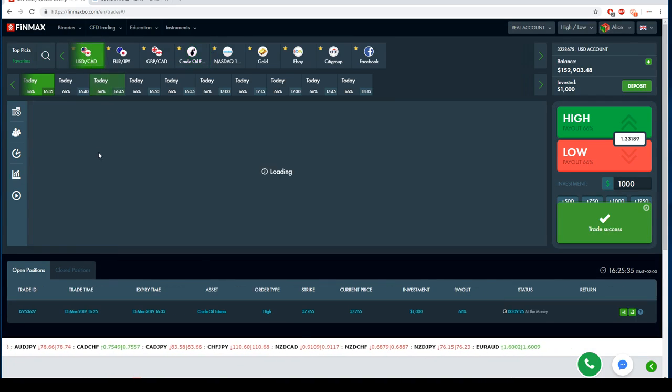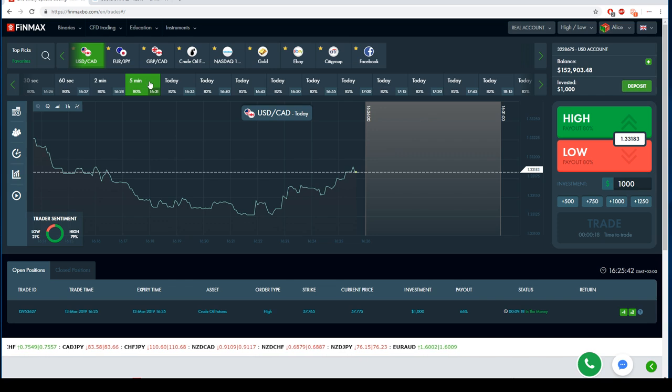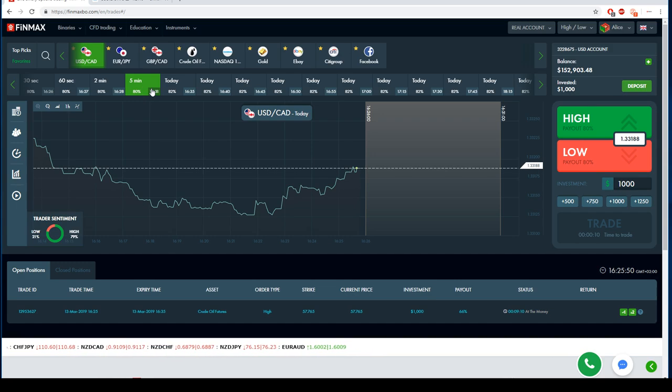Another thing, on the USD Canadian, I'm going to open it with the expiry half 31 minutes. So this one is going to be my expiry. 5 minutes left.